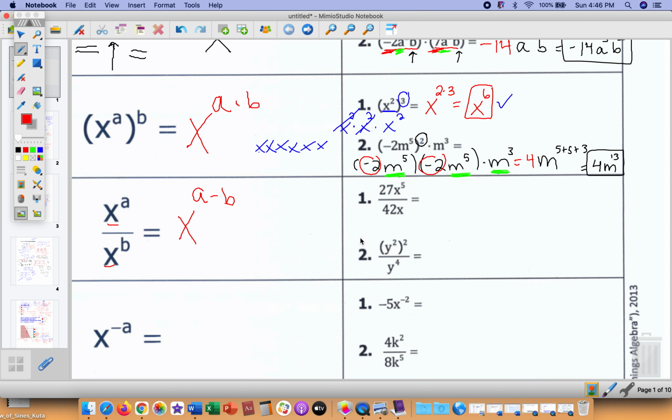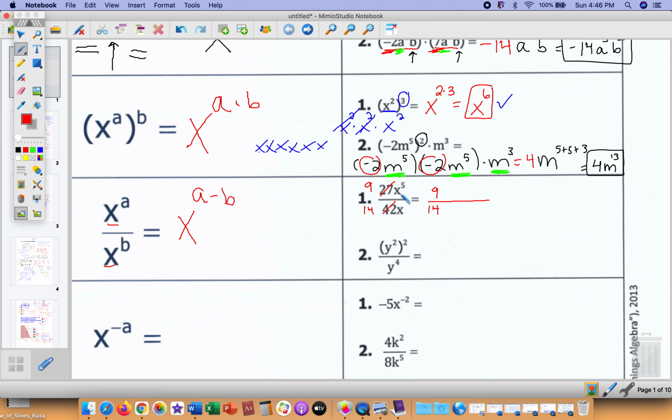So we can play around with it, and we could first try to divide them both by 3. So if I divide the top and bottom by 3, 27 divided by 3 is 9. 42 divided by 3 is 14. So over here I'm going to write on top a 9 and a bottom a 14.